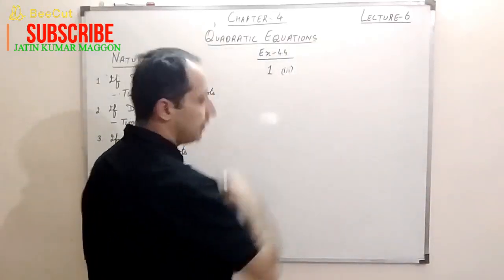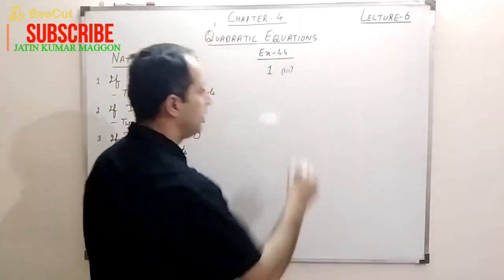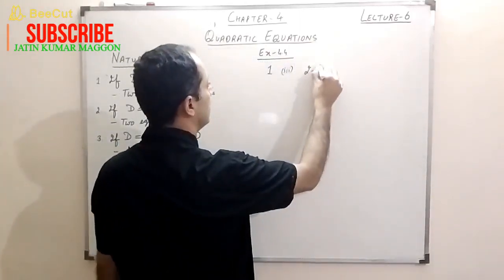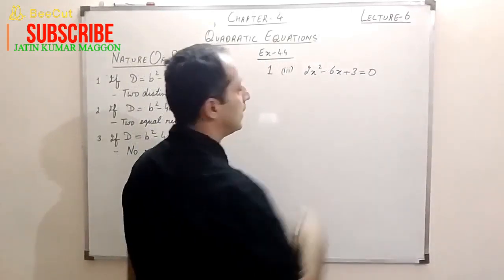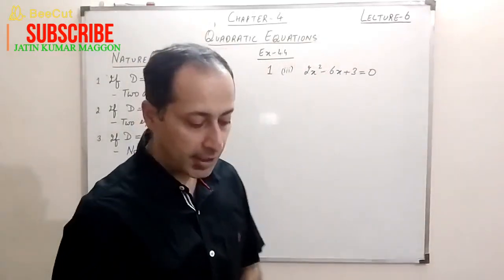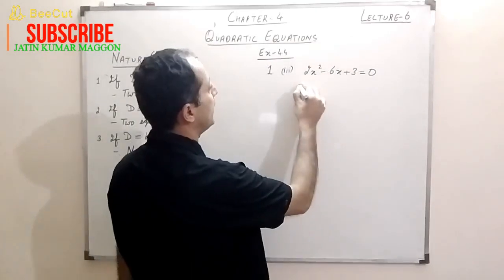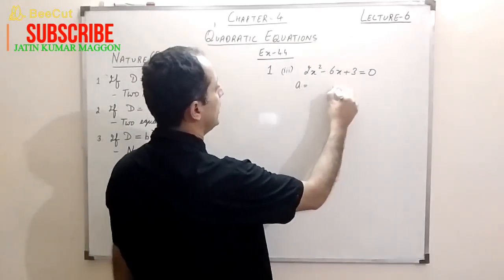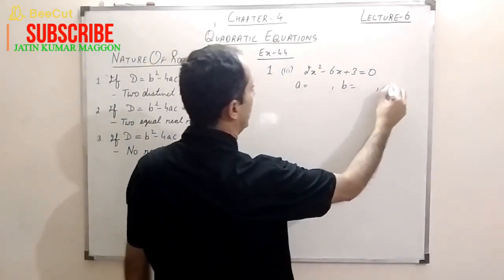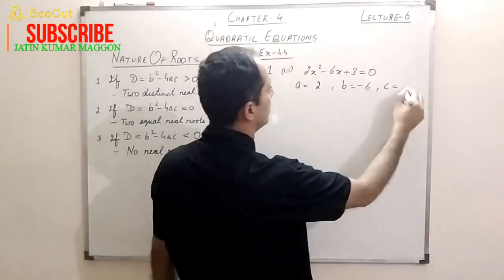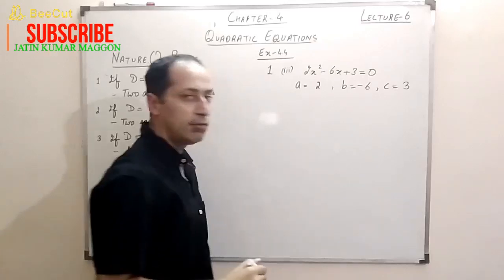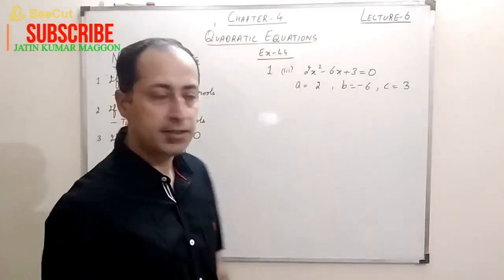I take the third part. It's given as 2x squared minus 6x plus 3 equals 0, right? Again the first step is to write the values of a, b and c. Now a is 2, b is minus 6 and c is 3. The next step is to find the discriminant.